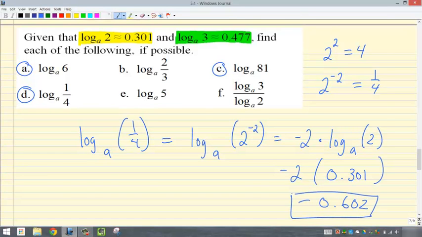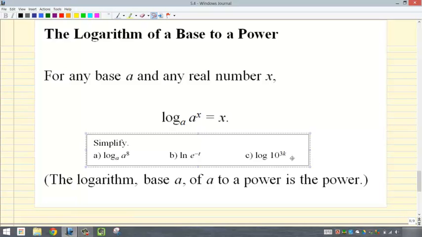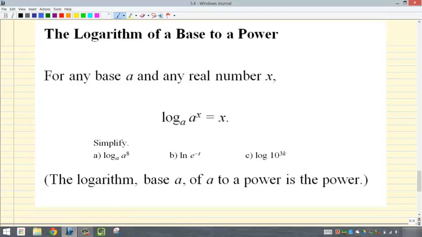How did you get that negative? If you have log base a of a to the x, the base of your exponent and the base of your log match. If they're the same, then they kind of cancel each other out. And if you want to see an example of this idea, if you say log base a of a to the x, well, you can take this x and drop it down in front.